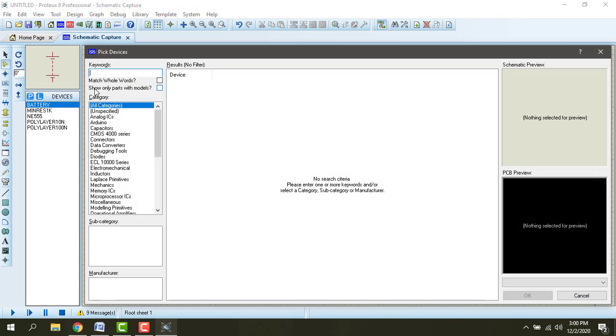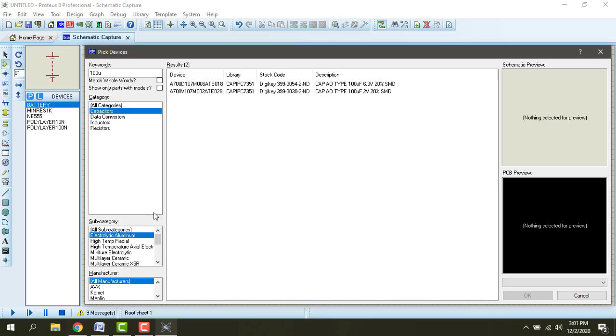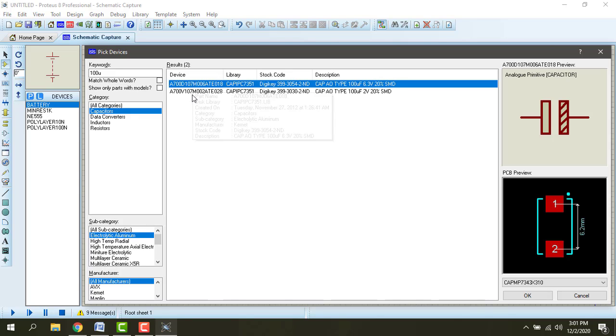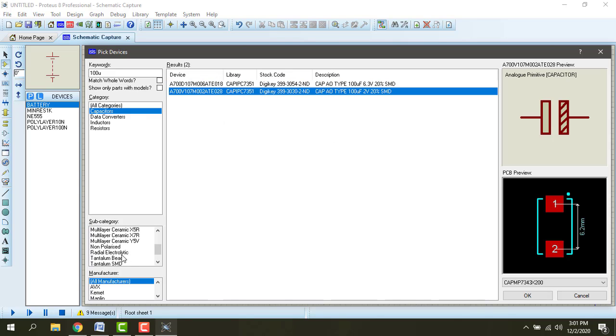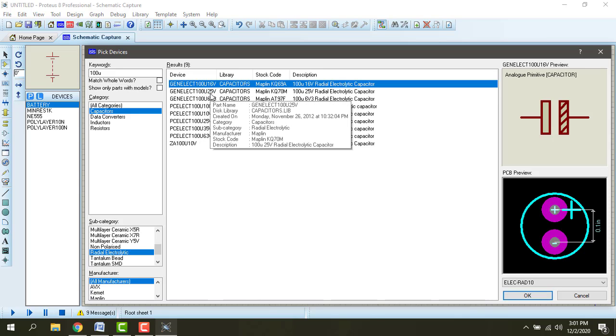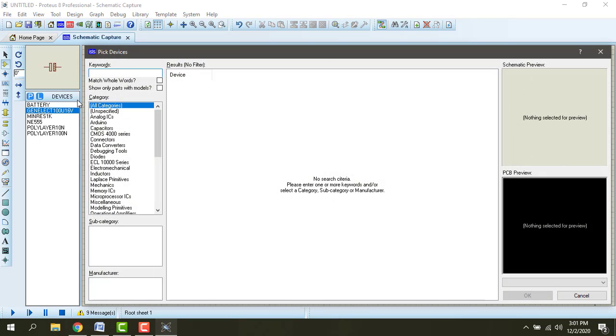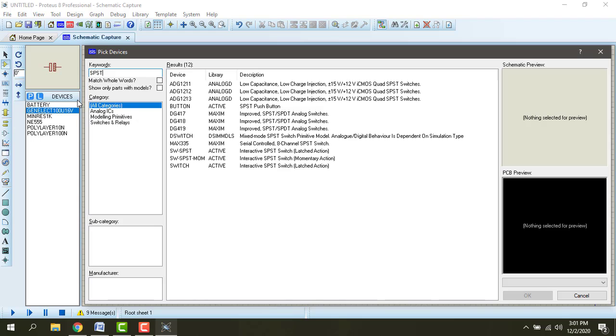The capacitance value is 100 microfarad. So 100 micro, capacitance category, electrolytic aluminum, so radial electrolytic. I choose the 100 microfarad value. Then I need to give a triggering input, SPST switch.